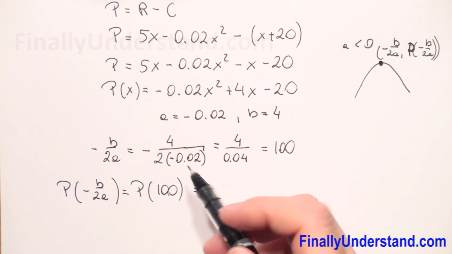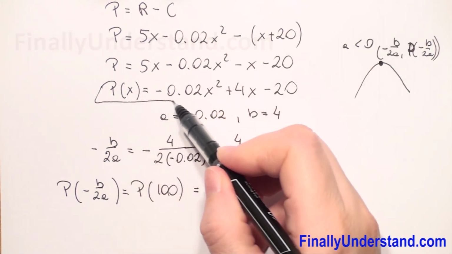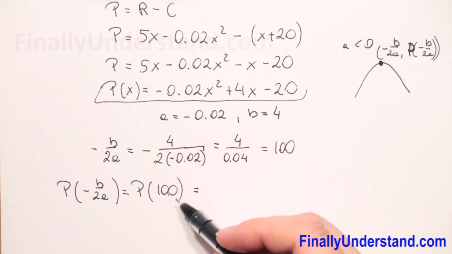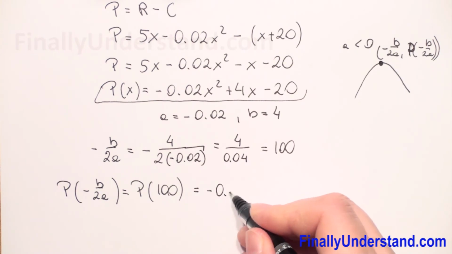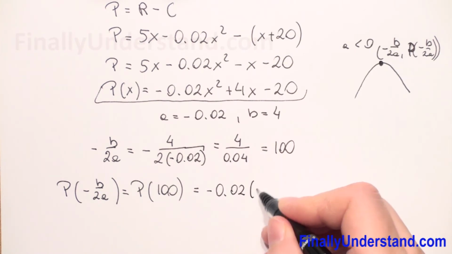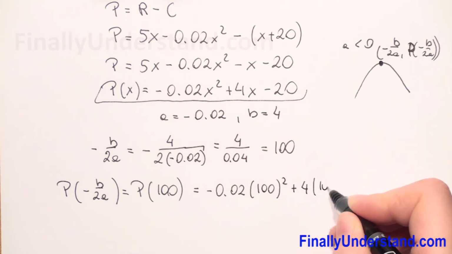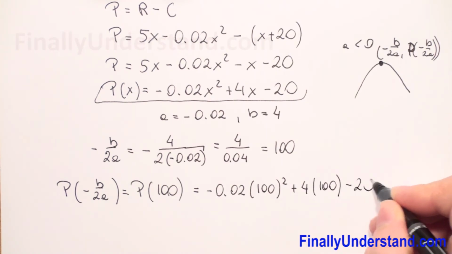This is equal, we have to go to our function P of x and substitute x by 100. So we have negative 0.02 times 100 to the second power plus 4 times 100 minus 20.